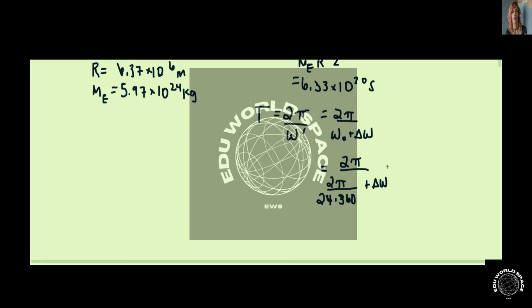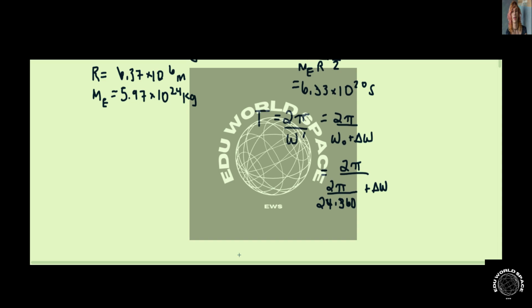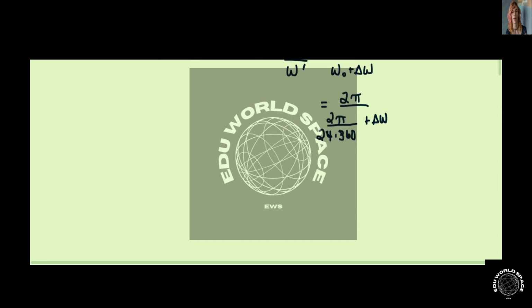Yeah, okay. I'll just plug all this into a calculator. So 2 pi, and then we want to divide this whole thing by 2 pi divided by 24 times 3,600 plus delta omega, and then delta omega is the thing I calculated earlier.